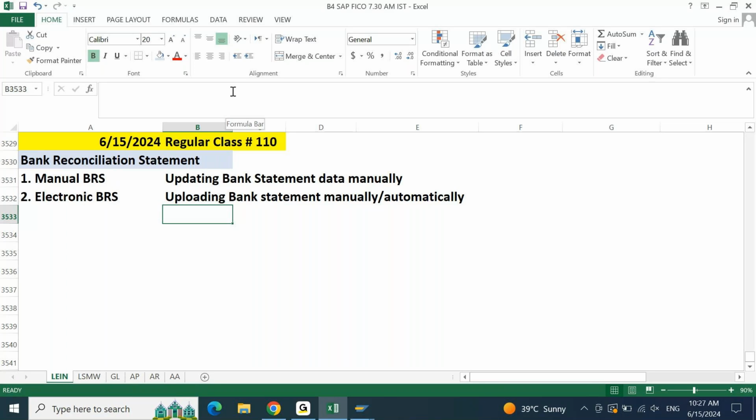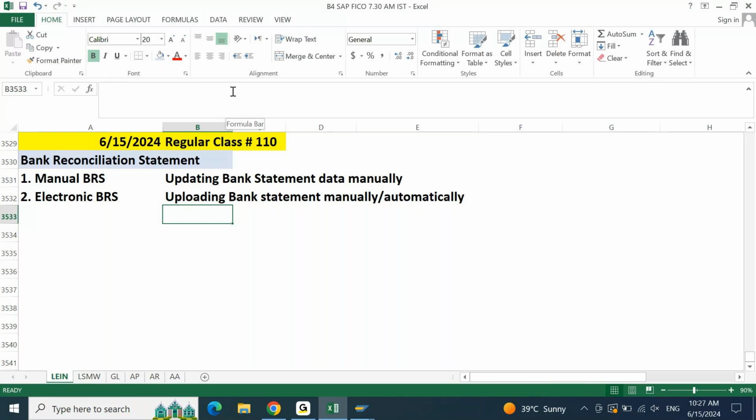But when it comes to electronic BRS or EBRS, here you are not updating any bank statement. Instead, you are uploading the bank statement, whatever the statement which is received from the bank. You will get this bank statement file either in the XML file or in the text file. This file you are going to upload into SAP automatically or manually. Both are possible when it comes to EBRS.